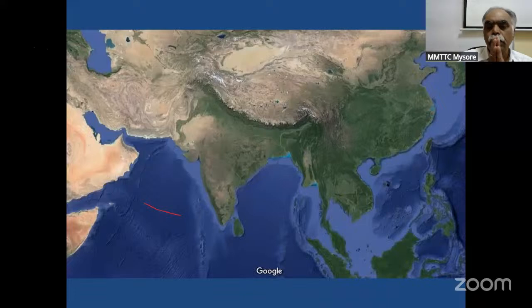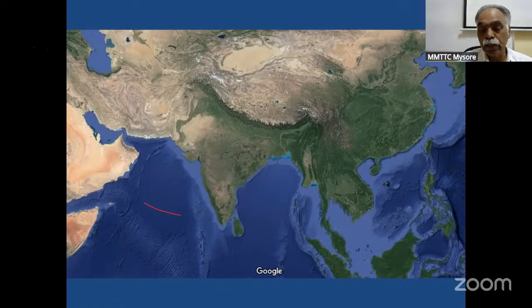So what is the good of satellite images? As I told you, you will get a wide area of information in one particular image. See, this is the Google image which you can see on your own smartphones. By this image itself, you can make a lot of inferences.